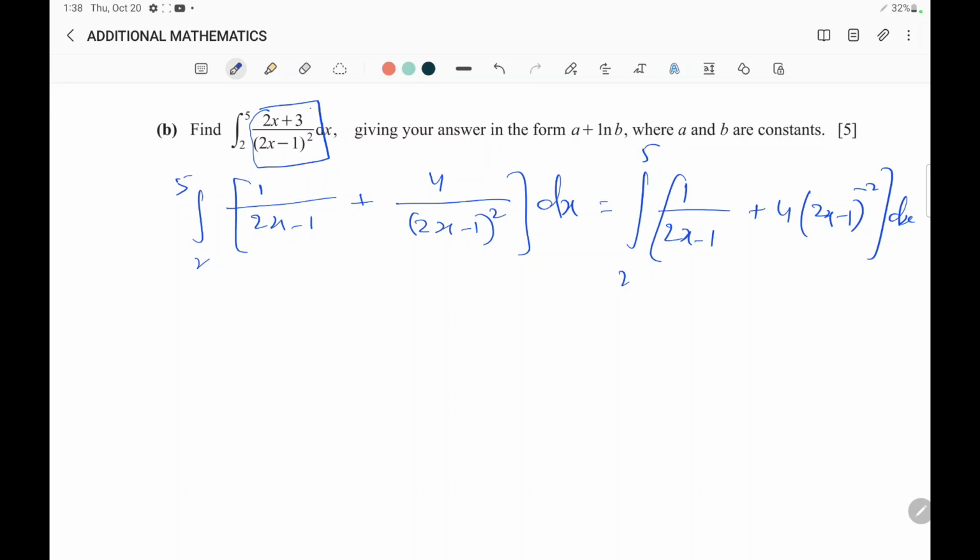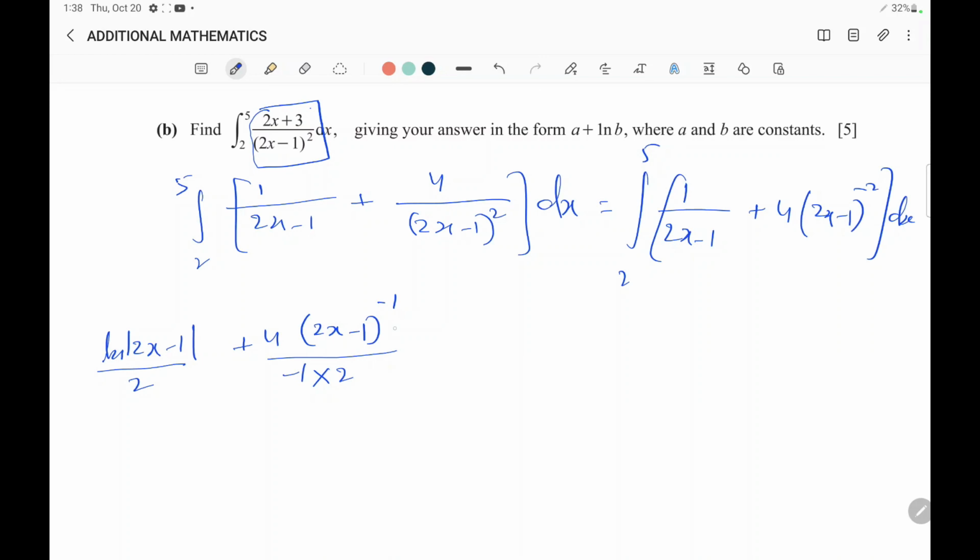So after integration, the integral of 1 over 2x minus 1 is ln |2x minus 1| over 2, plus 4 times (2x minus 1) to the power minus 2 plus 1, which is minus 1 over minus 1, and we have to write the x coefficient also.